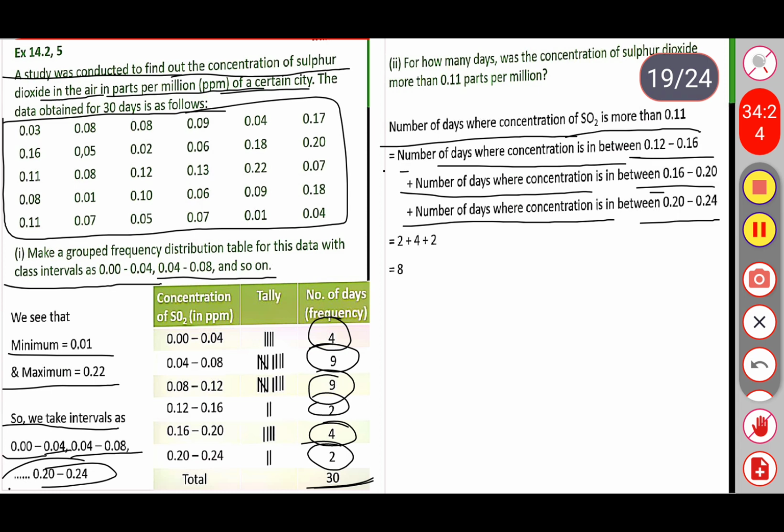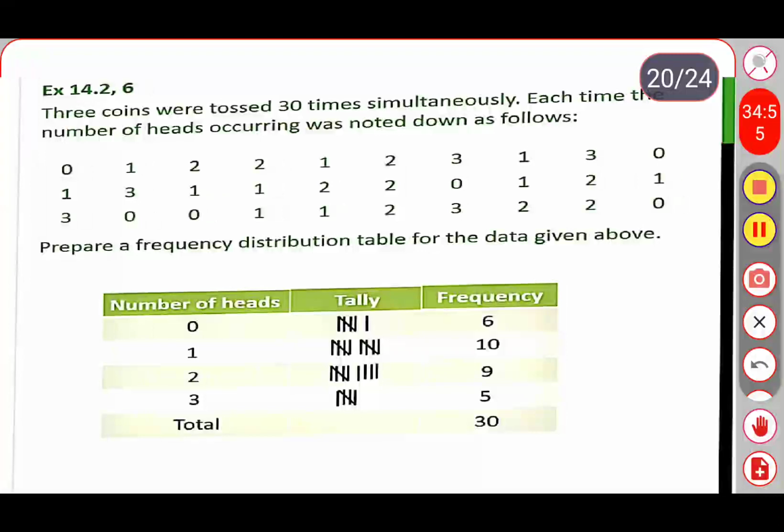So totally in 8 days we observe the concentration of sulfur dioxide more than 0.11. So out of 30 days, 8 days have the concentration of sulfur dioxide more than 0.11 parts per million. Okay, see the next question.